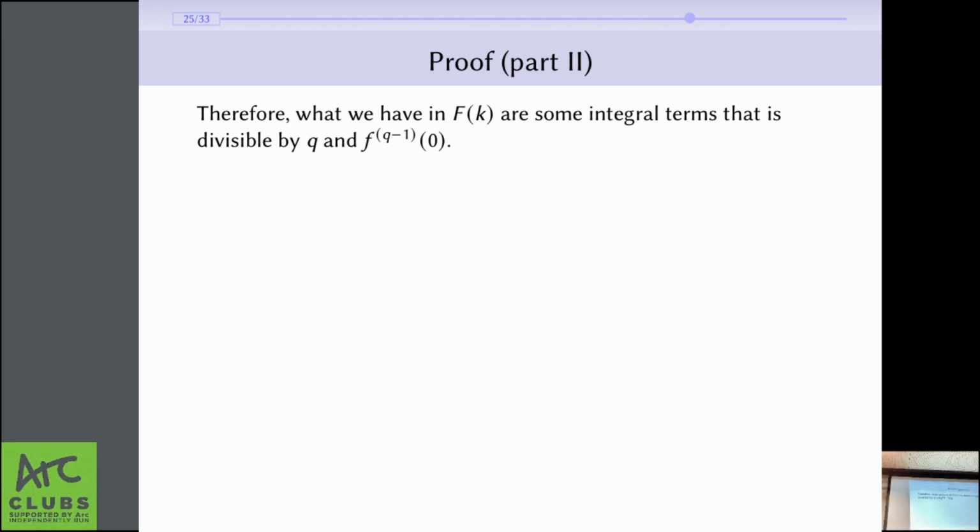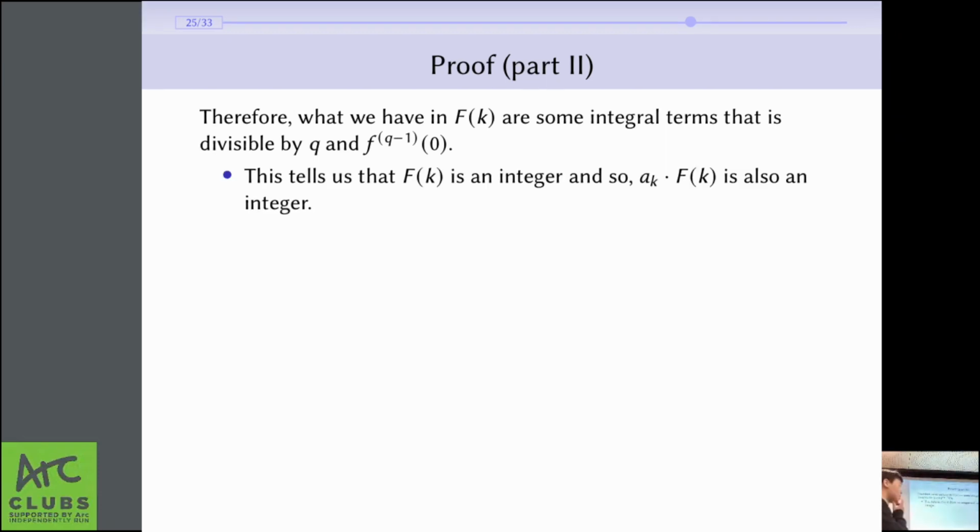So what we have now is that capital F of k is going to be a bunch of integer terms plus whatever we have for the q minus 1 derivative of f evaluated at 0. Every other term must have been divisible by q because all of them were integer multiples of q.